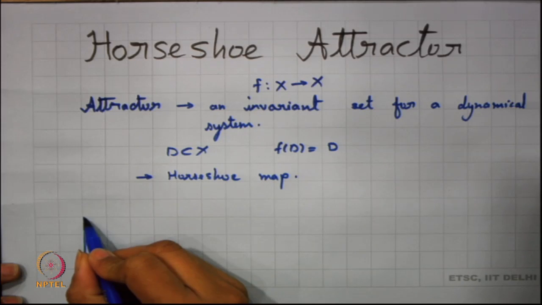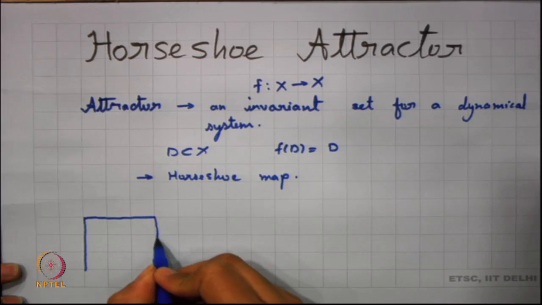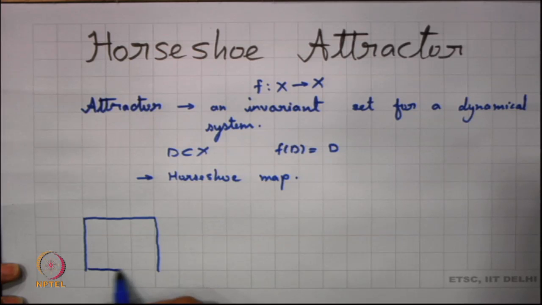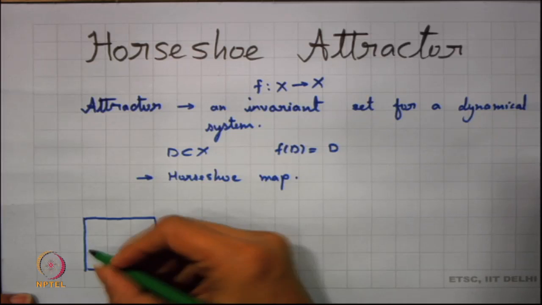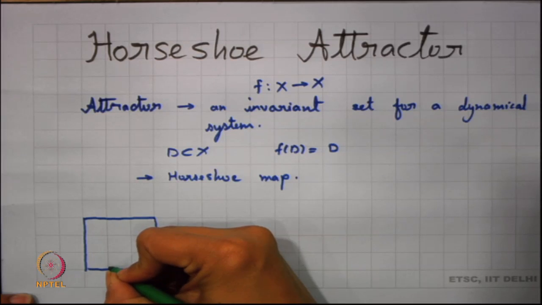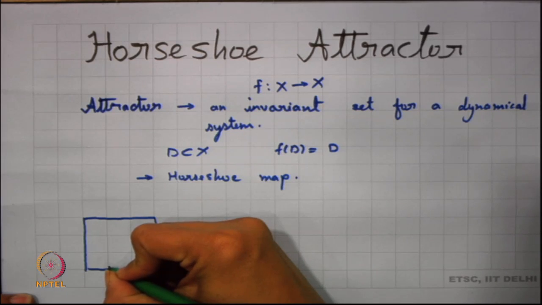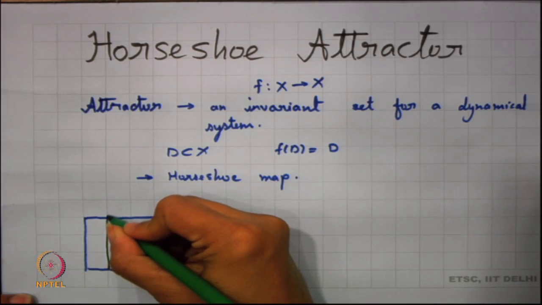You have a unit interval, and in the unit interval you take the transformation: you elongate the interval, expanding in the x direction, contracting in the y direction, expanding in the y direction, contracting in the x direction, putting it back onto itself, and what you get is something of this form.